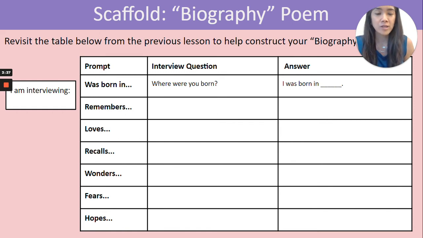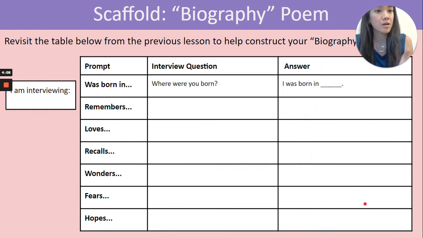The scaffold is from the previous session with Brandon, his mother, and generating interview questions. So students might recall doing this work earlier. The idea is that the scaffold gathers all the information and the language for students to construct their poem. When students have their interview questions formulated here based on this prompt or focus word, and then they get the answer in their interview, here you have the lines of your poem.